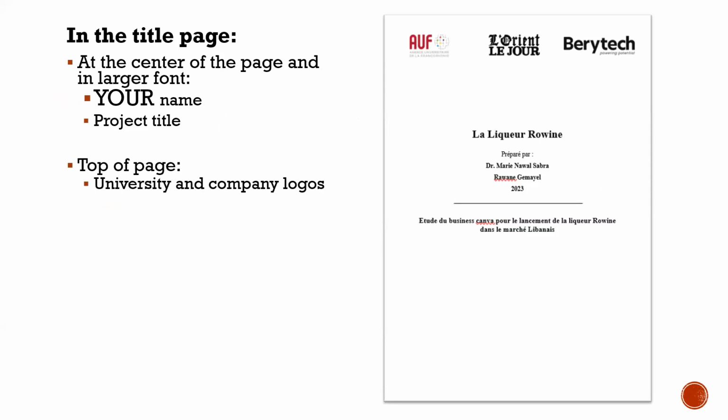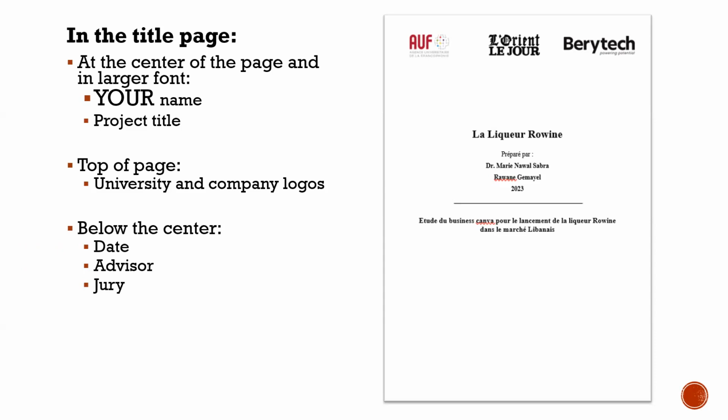Then, on the top of the page, give me all the logos that you need. This means your university logo, the logos of the companies that were funding your project, or they were helping you in your work. You have to put them on the top of the page. Below your name and the project title, I want to see any other important information, but in smaller font than your name and the project title.